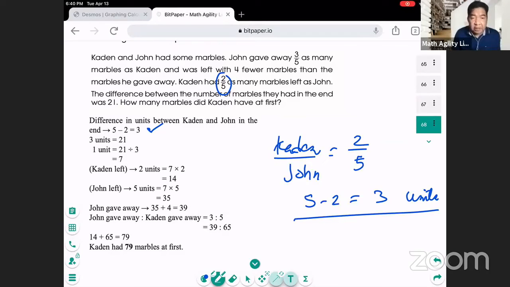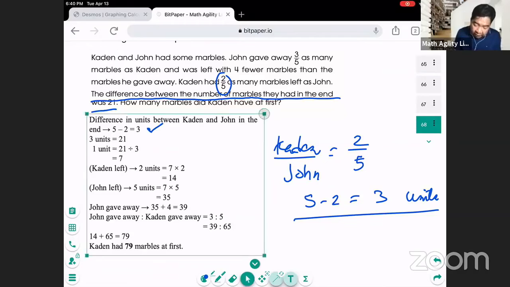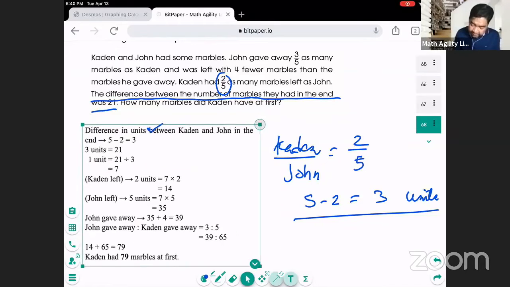He did the subtraction because of this sentence here. It says the difference between the number of marbles they had in the end was 21. So if you subtract this ratio, it should be 3 units, and that 3 units is actually 21. So 21 divided by 3 means 1 unit is equal to 7.